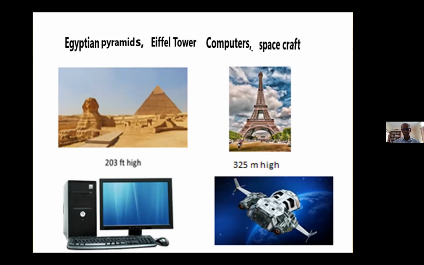Engineers made them. But of course, they needed the science in the background. So science and engineering go hand in hand, and we need to involve both in solving our problems day to day.